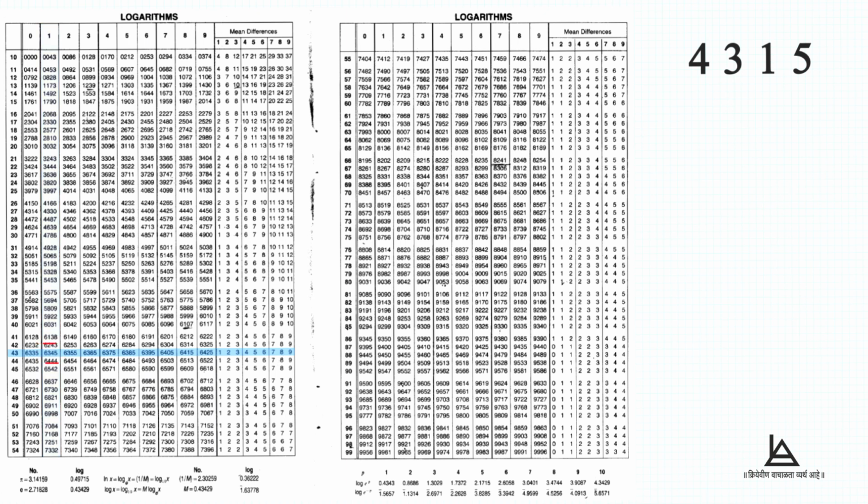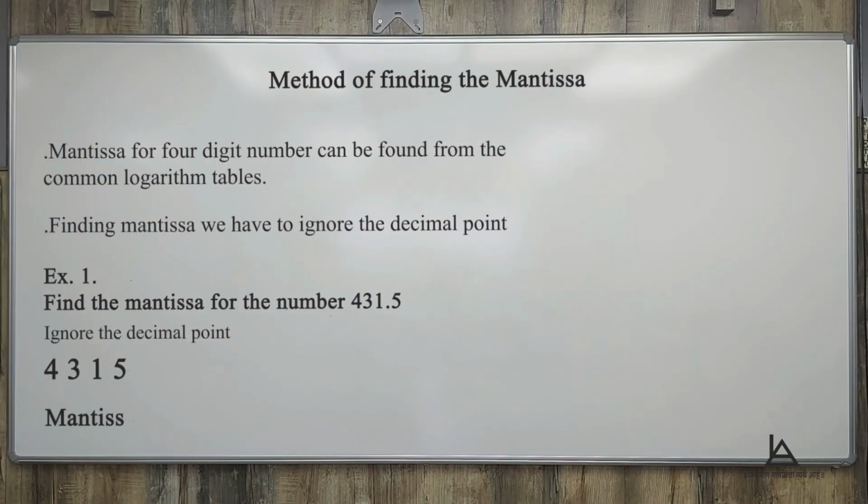Here you will find 6345 in the table. Then find the number in the same row under the column 5 of mean differences, 5 being the last digit in 4315. The difference is 5. Add the difference 5 to 6345. Thus 6345 plus difference 5 is equal to 6350, and so the mantissa of 4315 is 0.6350.